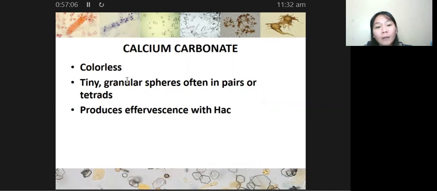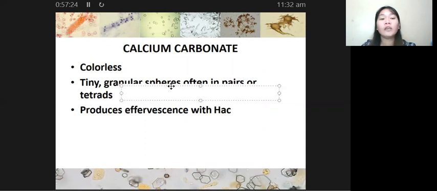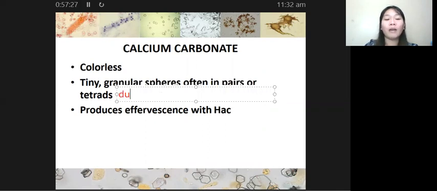So your calcium carbonate naman, this is colorless. They appear as colorless, tiny, granular spheres, often in pairs or tetrads. Medyo maganda din ito under the microscope. Apart from this particular morphology, your calcium carbonate may also appear as dumbbell.